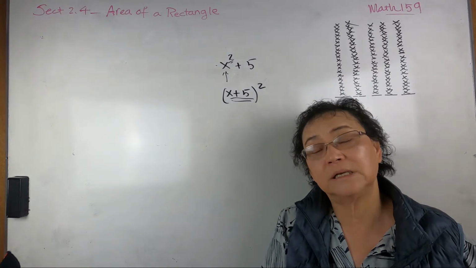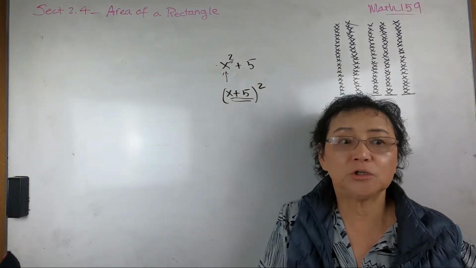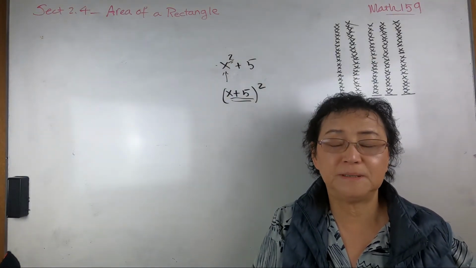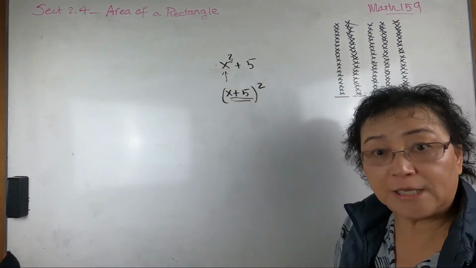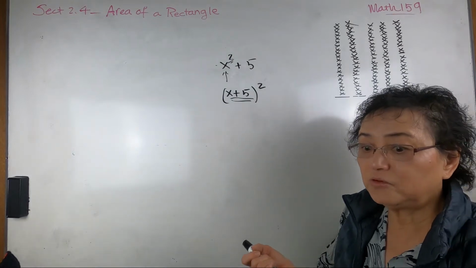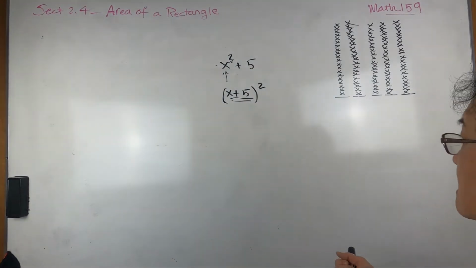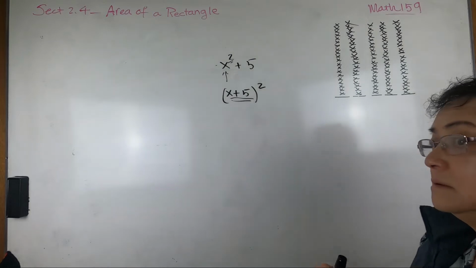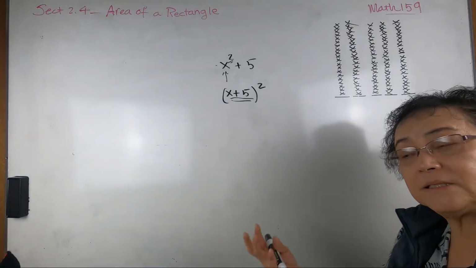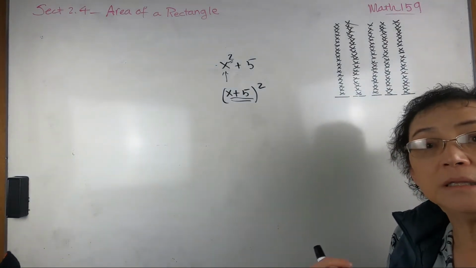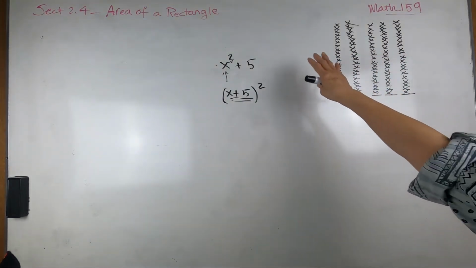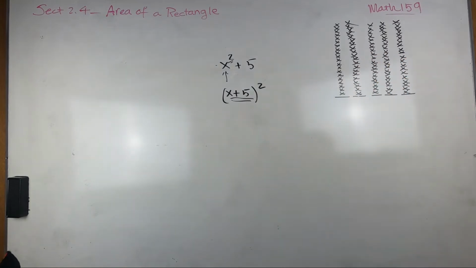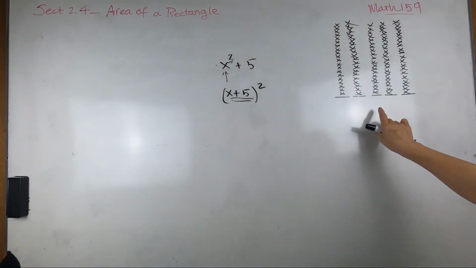Stats is collecting all the data, then you make a prediction, so use your algebra skills. For the possible things to happen, we talk about probabilities. Then we visualize them with the area of a rectangle.